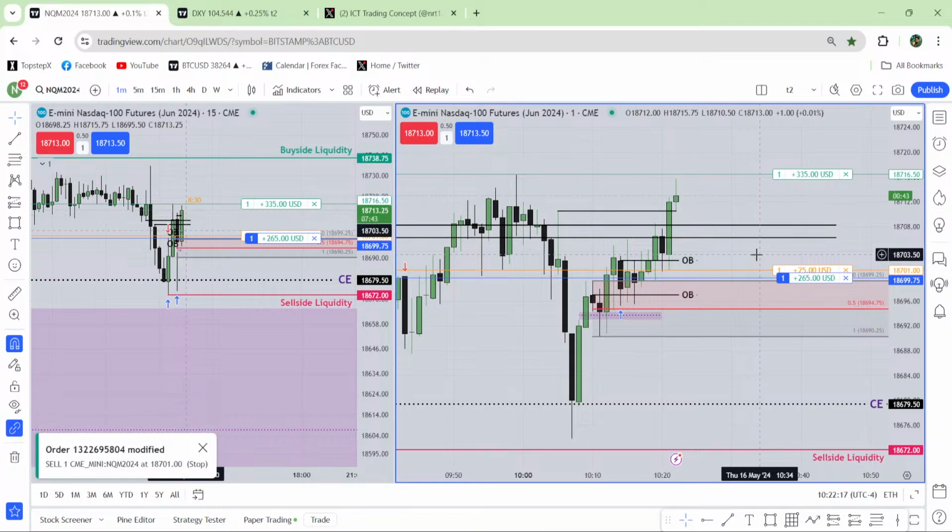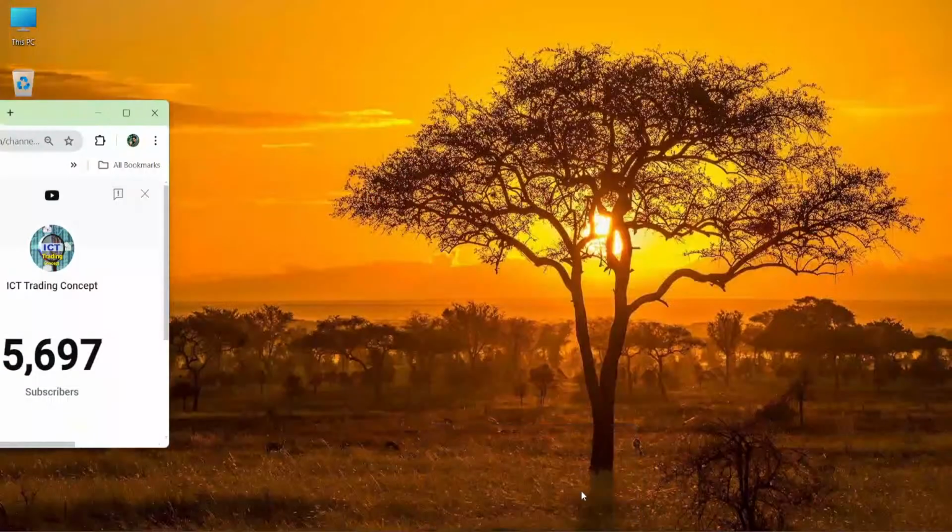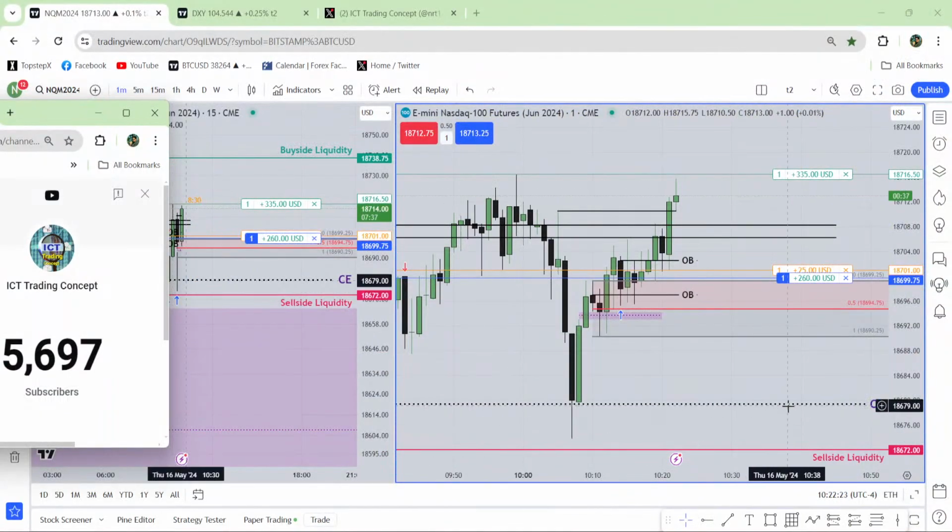I don't think that I will get 5,700 today. Oh, it's okay. I wrote down this order block, but remember that it is a propulsion block, not an order block.